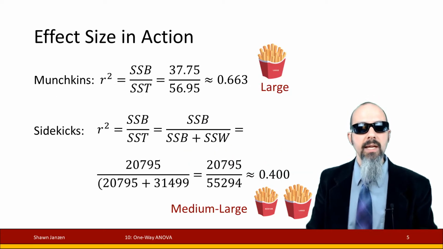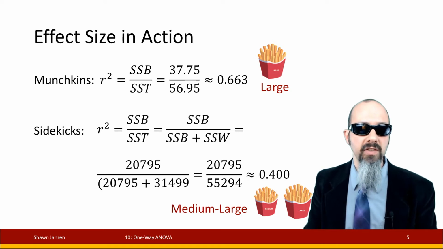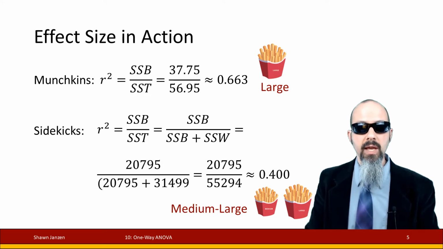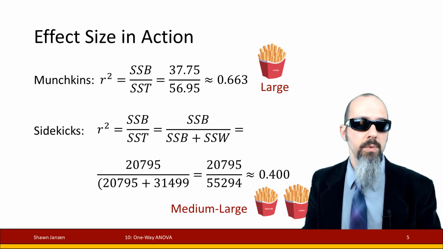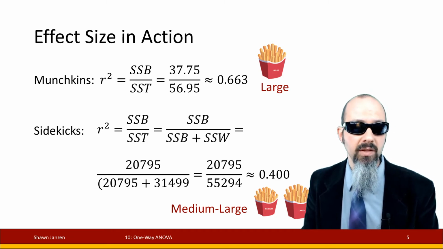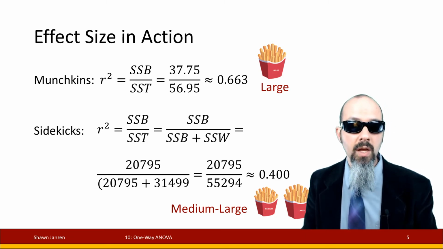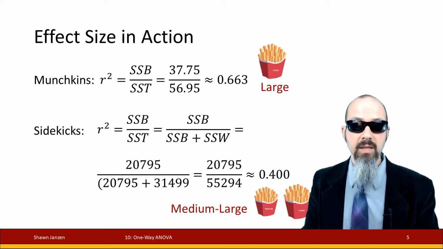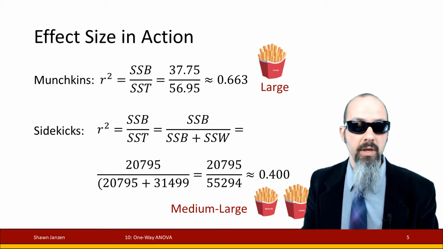Now let's go ahead and see how this effect size works in action. Using the data from our Munchkins example with the differences in Oz and the complaints with the Wicked Witches, we have R-squared equals sum of squares between divided by sum of squares total. Pulling the data back from that example so long ago, the sum of squares between was 37.75. The sum of squares total is 56.95.